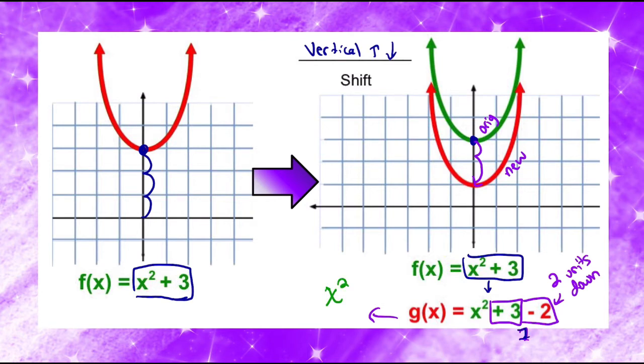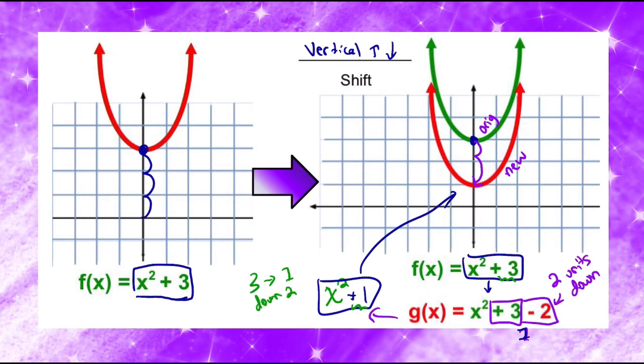And that would get you the function here. So really, we went from a +3 to a +1. To get from 3 to 1, you went down 2.